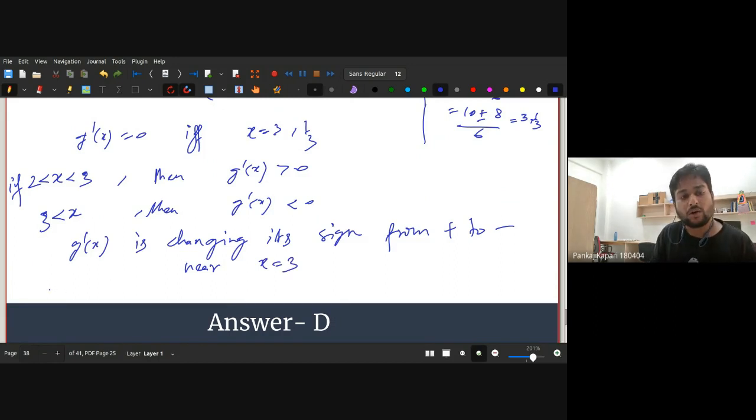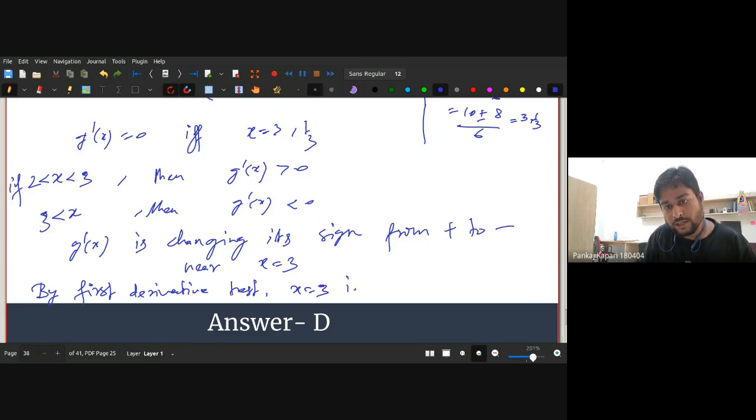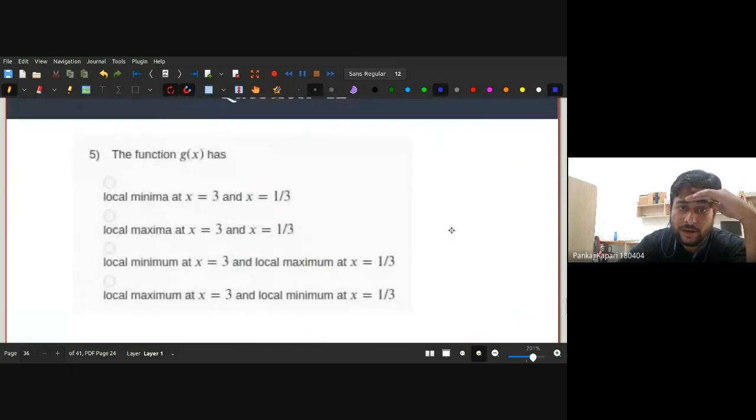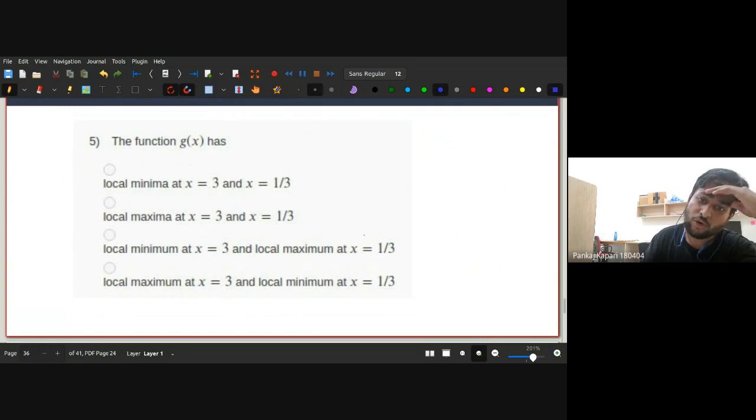Okay, and now our first derivative test will give me, by first derivative test, x equal to 3 is a point of local maxima.